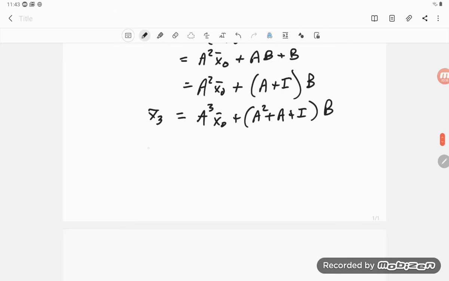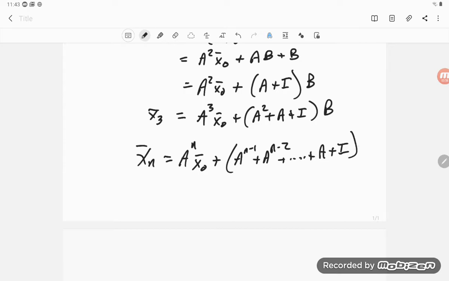And so by the time I get to x_n, that's A to the n times x_0 plus (A^{n-1} plus A^{n-2} all the way down to A plus I) times B. You could do that as an induction proof, but this is one of those cases where I think it's pretty clear.